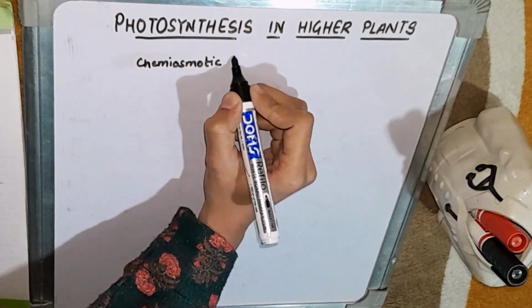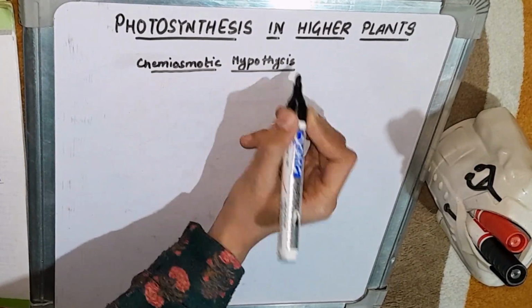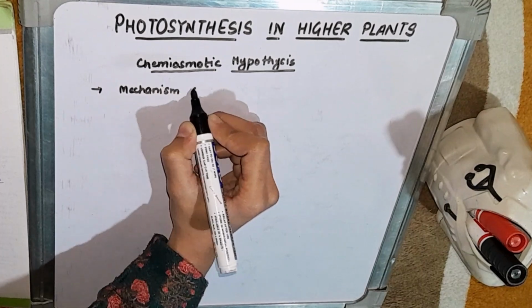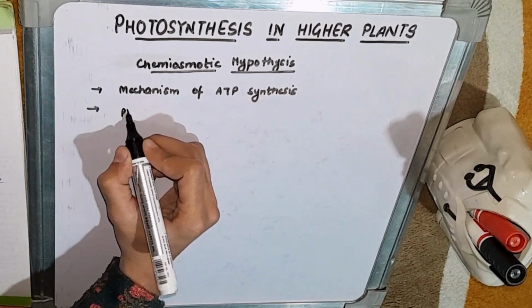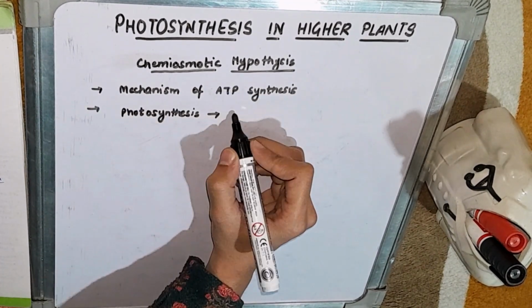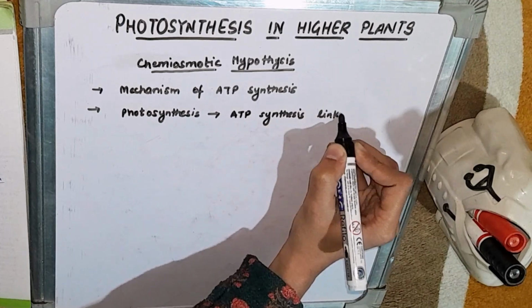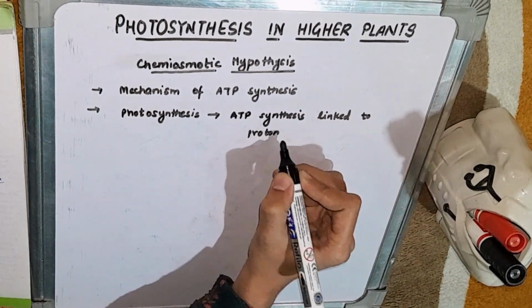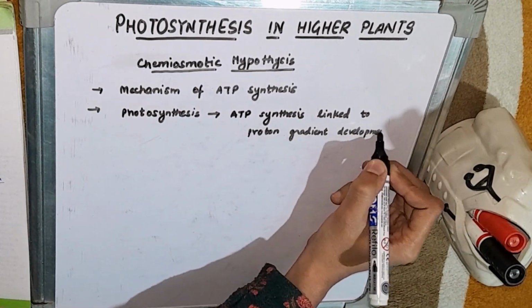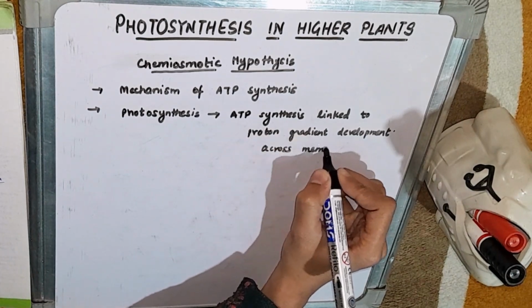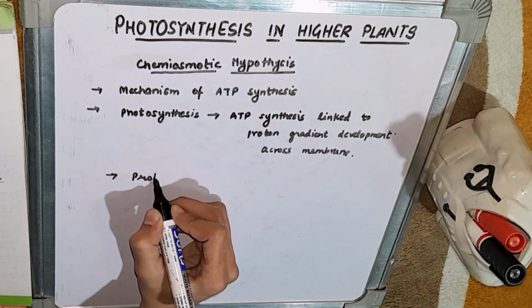Next, a very important topic is your chemiosmotic hypothesis. It is a mechanism of ATP synthesis which is linked to a proton gradient development across the thylakoid membranes.